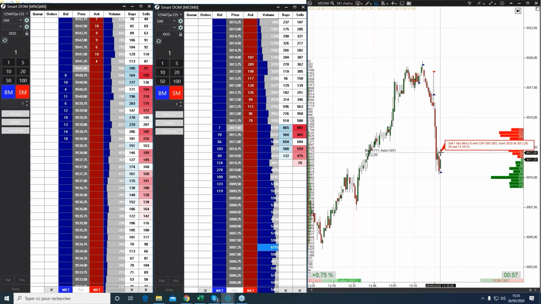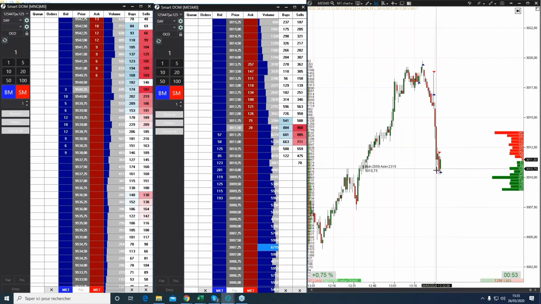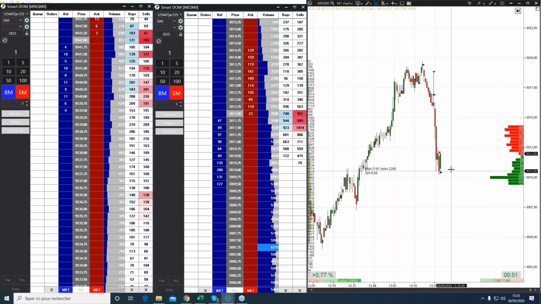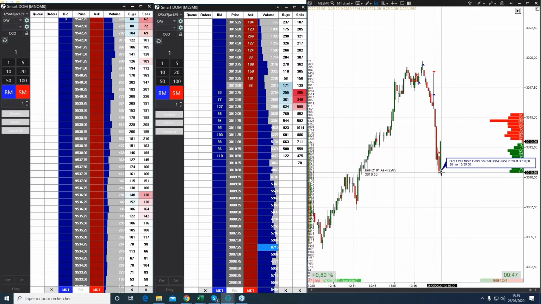Okay, so I short here and I close here. Here there is a buyer at this level. So I short 12 and I close 10.